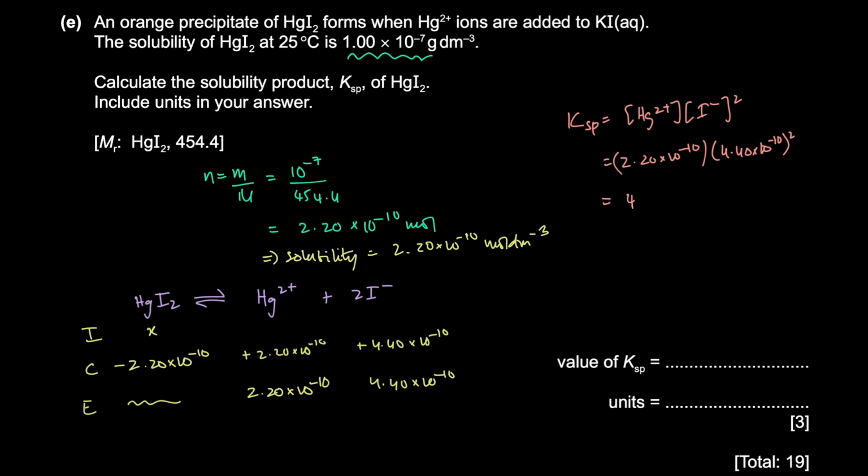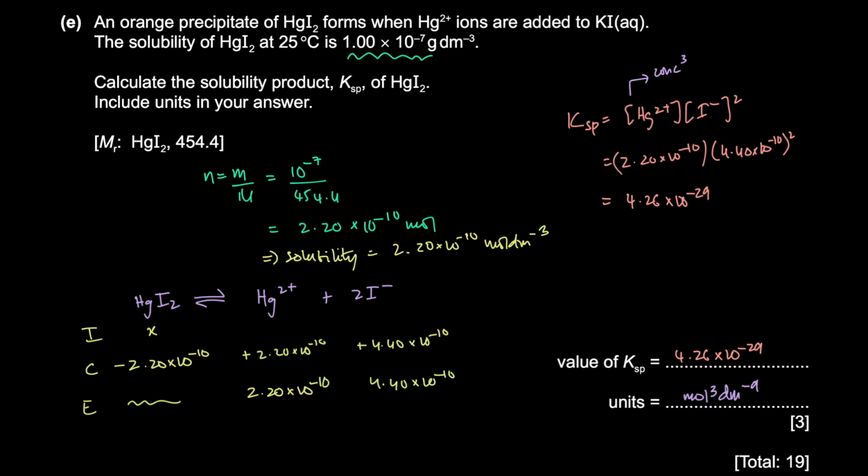Here we get 4.26 × 10^-29. So the value of Ksp is 4.26 × 10^-29, and the units are concentration cube. The units over here are concentration times concentration squared, so the units will be concentration cube, which is mol^3 dm^-9.